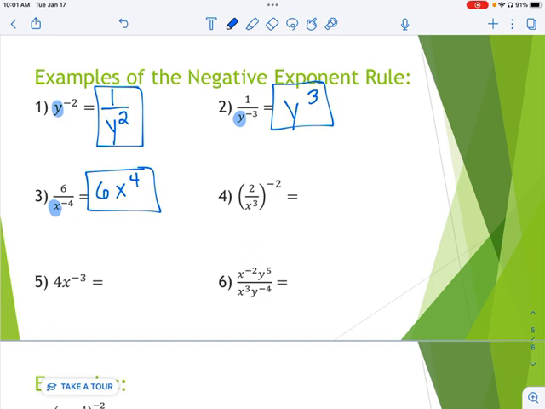Now on this next one, you'll notice the whole grouping is being raised to a negative exponent. So that entire grouping is the base. The first thing we're going to do is flip that entire fraction. So it looks like that. It's going to go x to the third over 2, and then we square it.